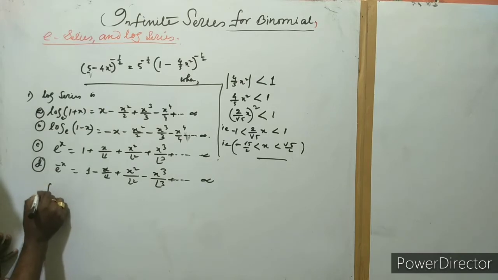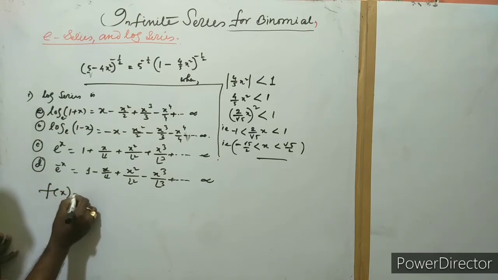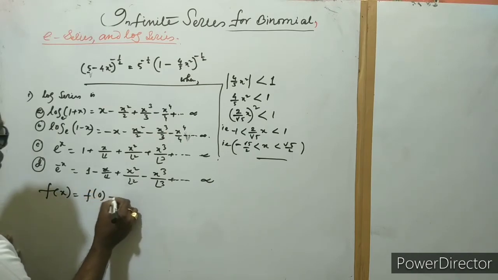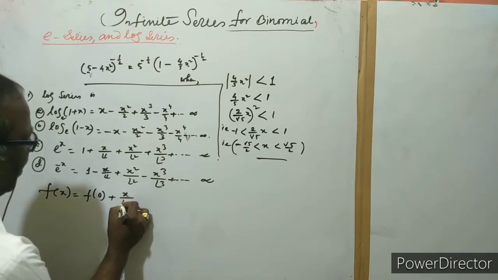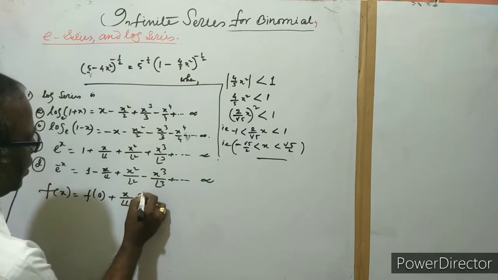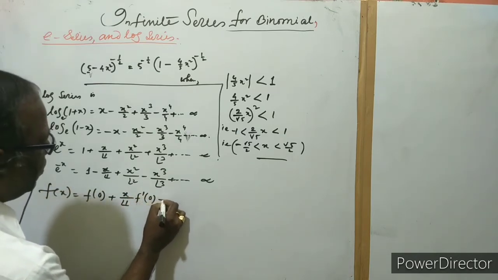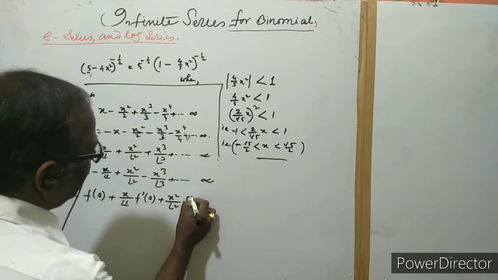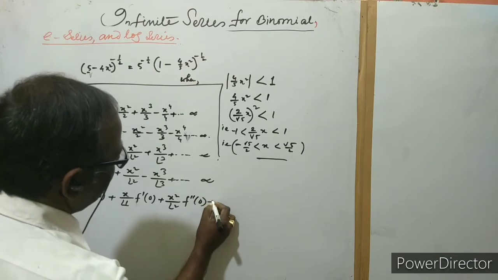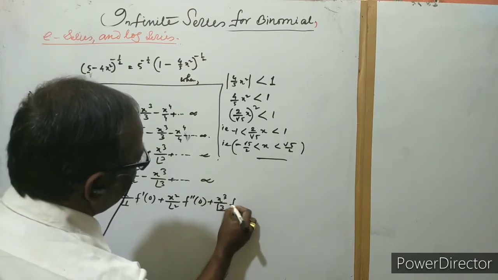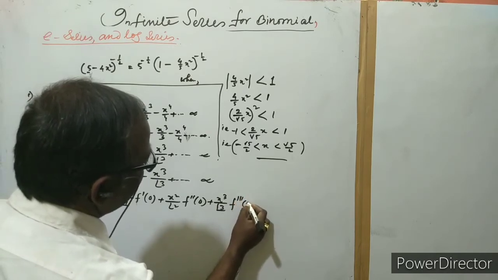It is f of x is equal to f of 0 plus x by factorial 1 times f dash 0, plus x square by factorial 2 times f double dash 0, plus x cube by factorial 3 times f triple dash 0, and so on.